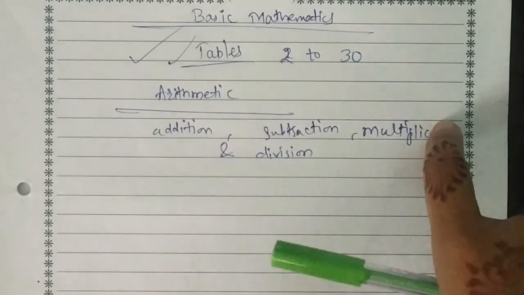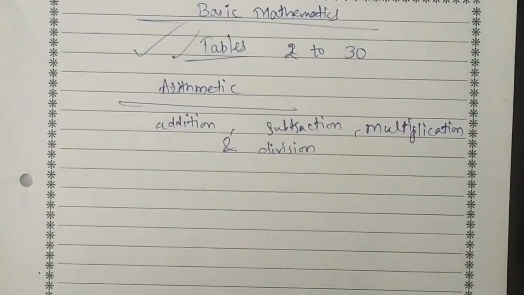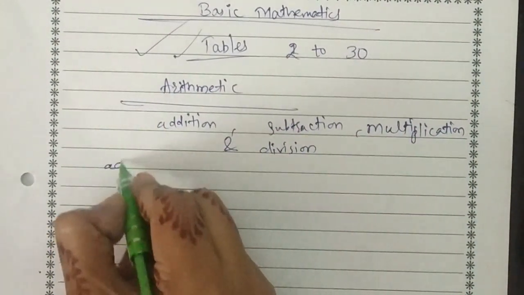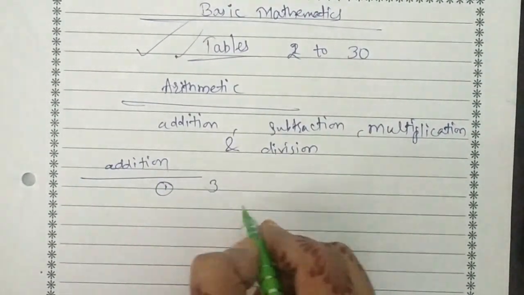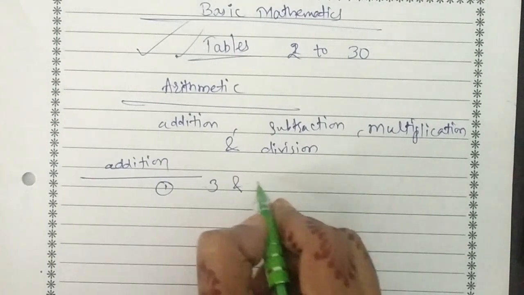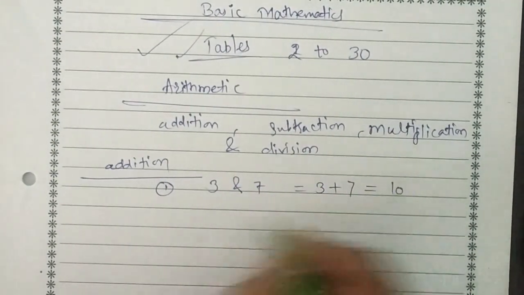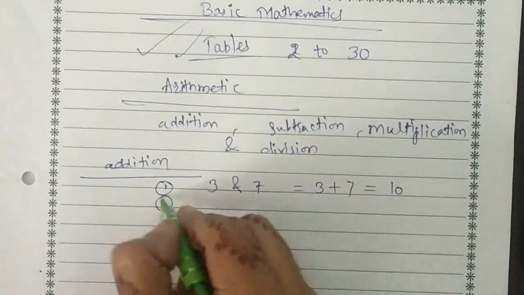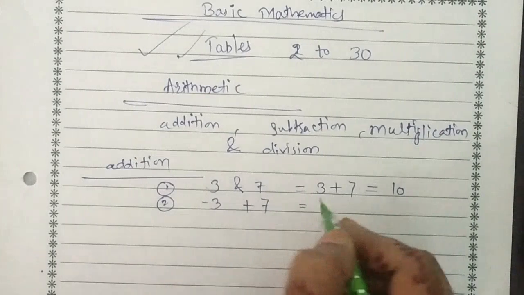How? You just need to understand the rules for addition. For addition, if both numbers are positive, like 3 and 7, you add them: 3 plus 7 gives simply 10. Suppose you have minus 3 and you need to add it to 7.